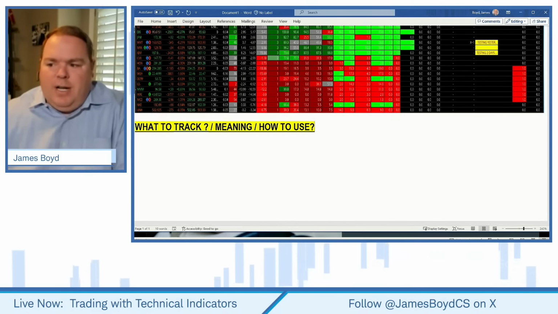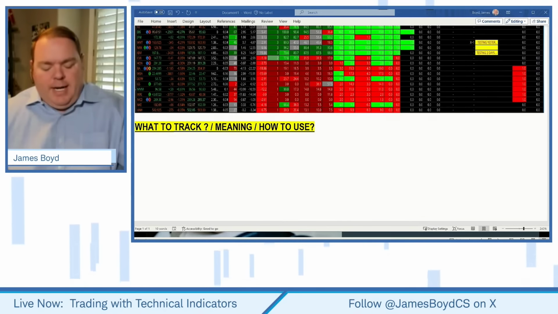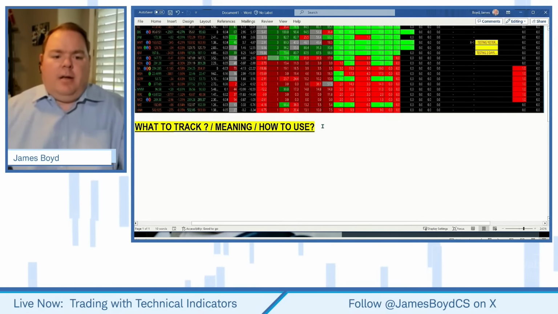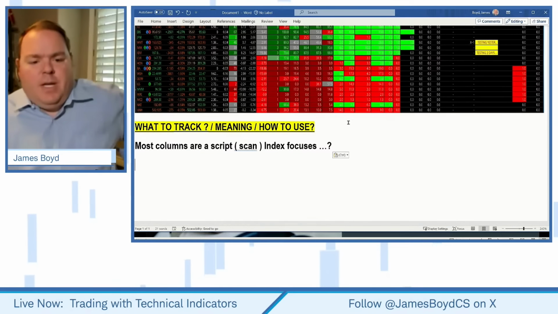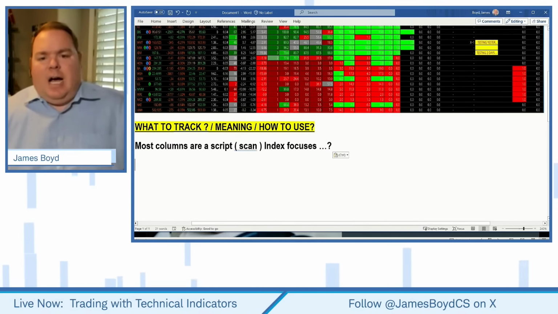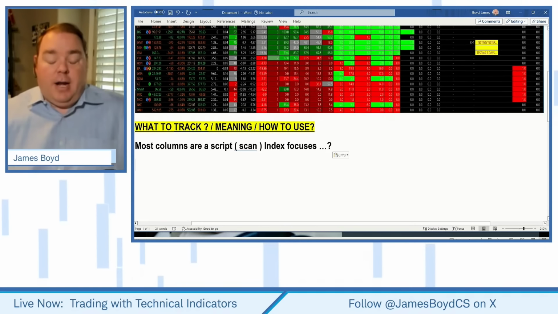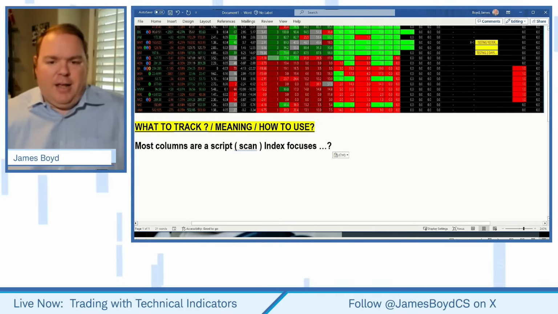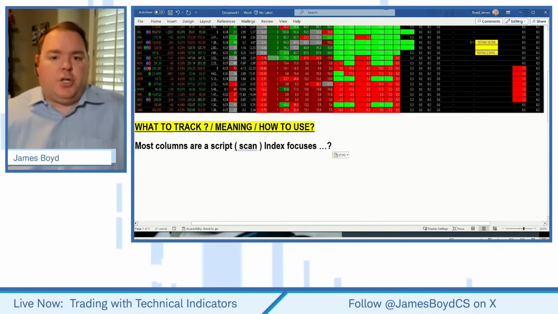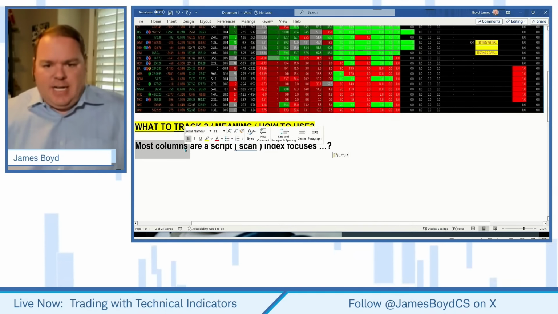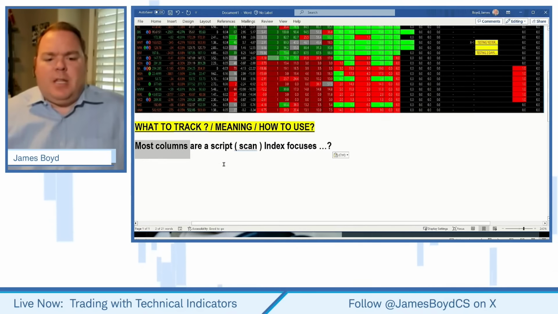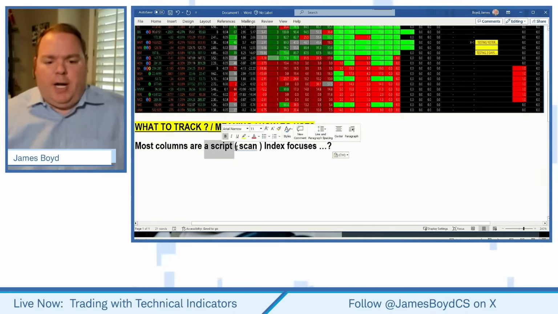Now, first thing, what you need to really understand is when we look at, let's say, a script, and let's say this for the first time, a script is not guaranteed for accuracy. You want to understand what the script is trying to tell you, and also verify that it's doing what you want it to do. Okay. So when we talk about these column headings, as I will highlight, the biggest thing is they are a script.